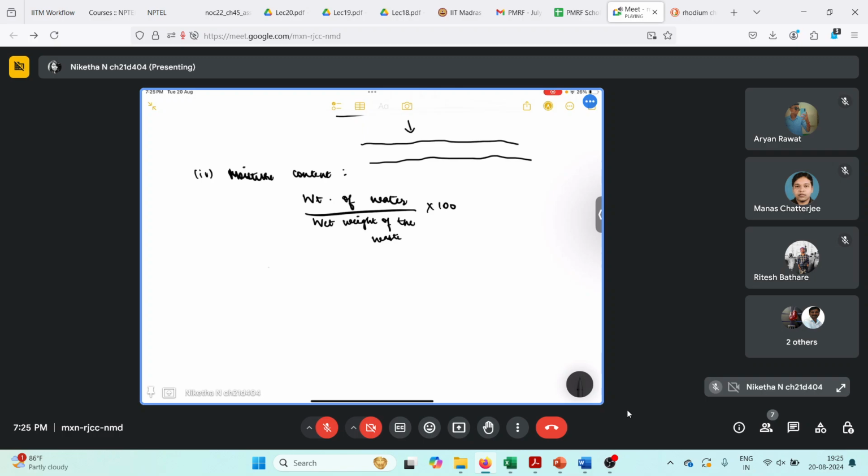In order to determine the wet weight moisture content, we will dry the sample in an oven at 105 degrees Celsius. This will ensure that the water is completely evaporated, and then we will calculate the difference in the sample before and after the drying. Similar to the previous formula, we will have A and B, where A is the weight before drying and B is the weight after drying.